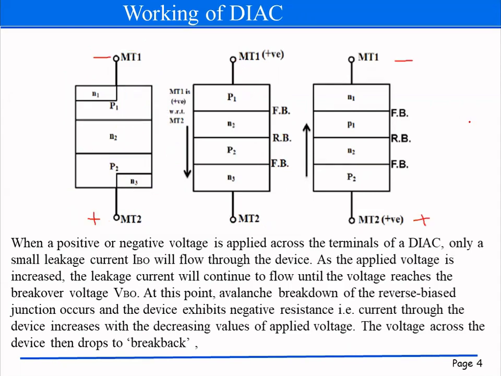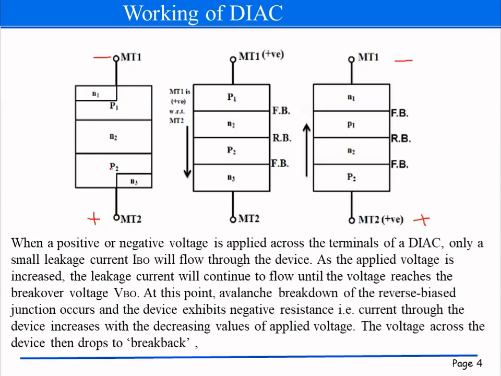Now when you reverse the polarity of the supply voltage, the MT2 terminal becomes positive with respect to MT1, and the current flows from MT2 towards MT1. In this situation, four layers come into the picture.